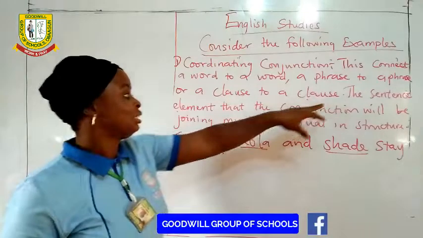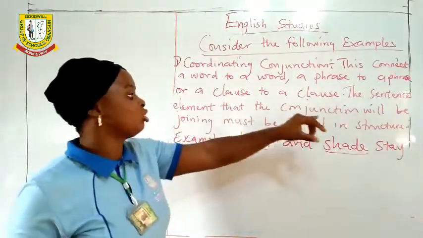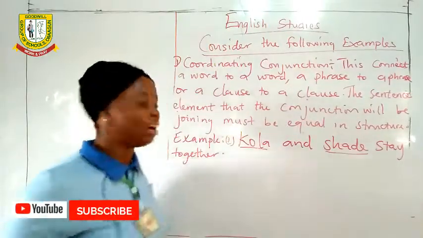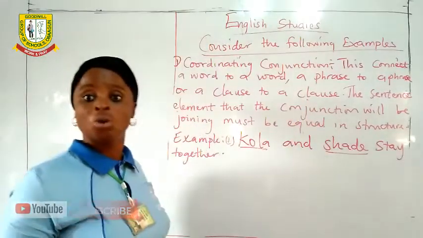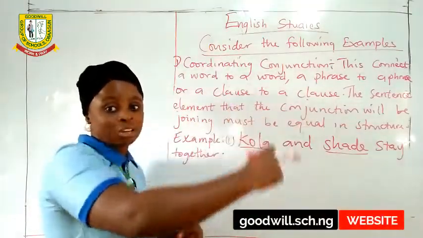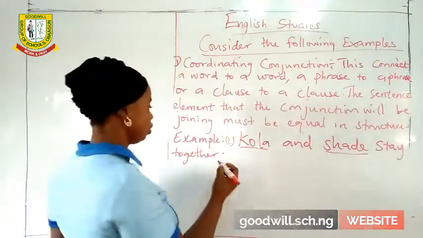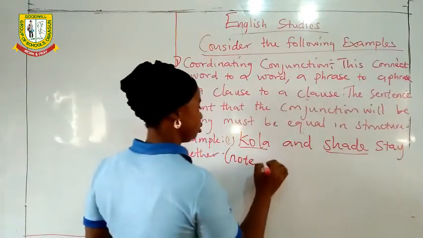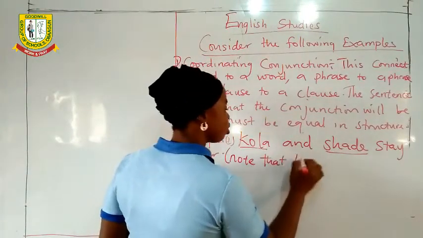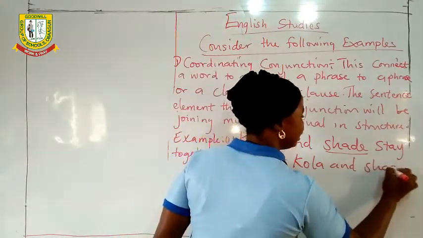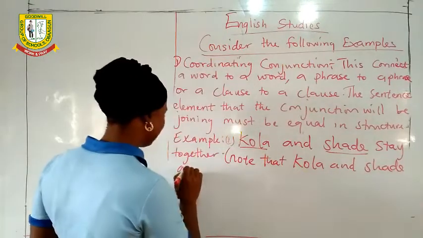I said the sentence elements that the conjunction will be joining must be equal in structure. So Kola is a noun, Shade is also a noun. So the conjunction "and" is joining the same kind of word. Do we understand it? So here, note that Kola and Shade are nouns.